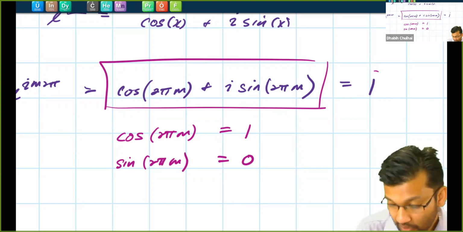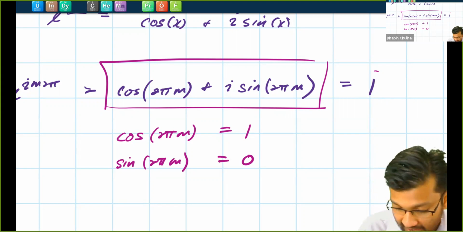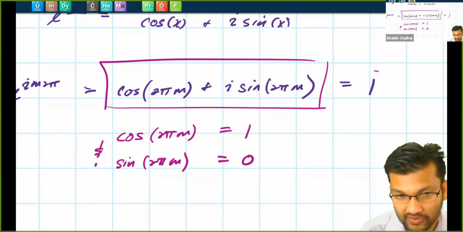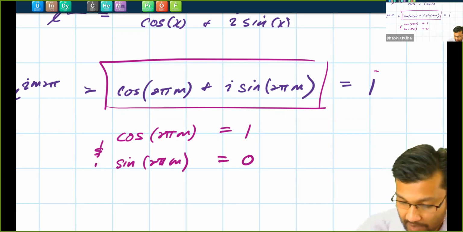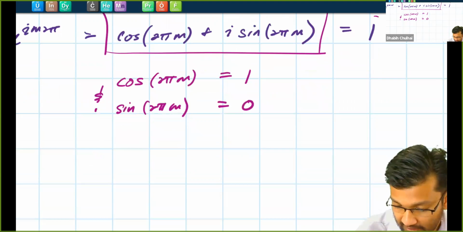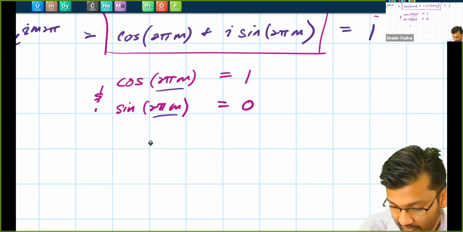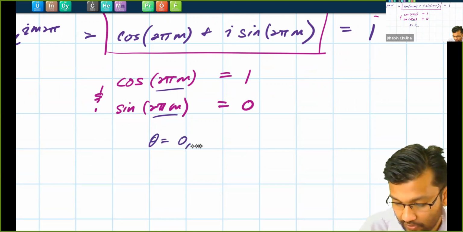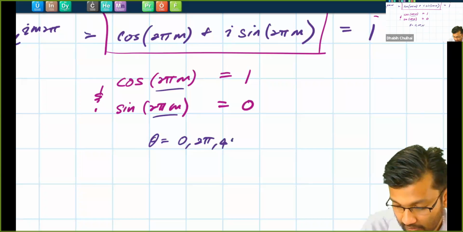So when is cosine of 2 pi m equal to 1 and sine of 2 pi m equal to 0? Let's say all of that is called theta. It happens when theta is 0 or 2 pi or 4 pi and so on.